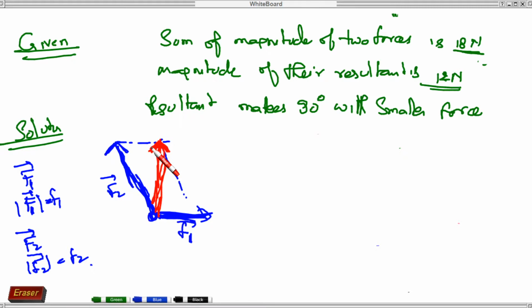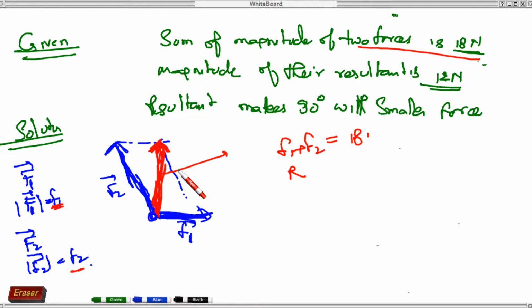Here the sum of the magnitudes of the two forces is 18 Newton, the magnitude of the resultant is 12 Newton, and the resultant makes an angle of 90 degrees with the smaller force.